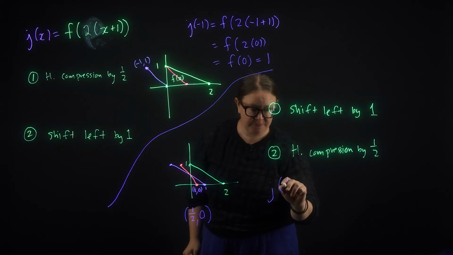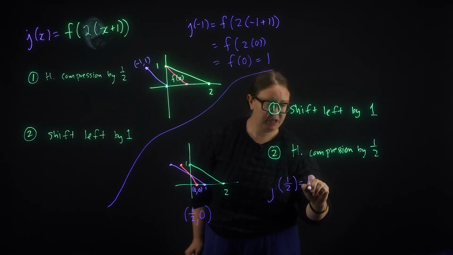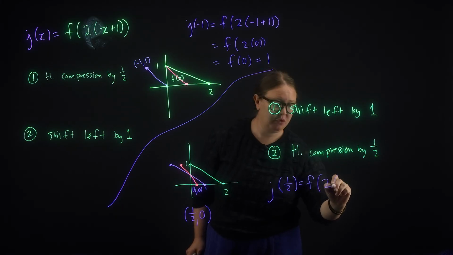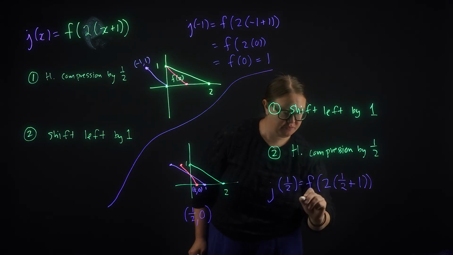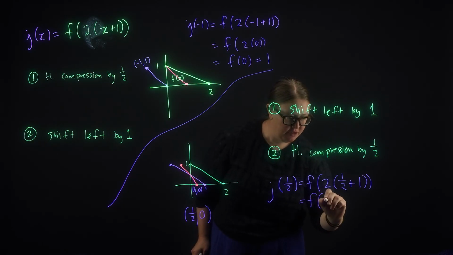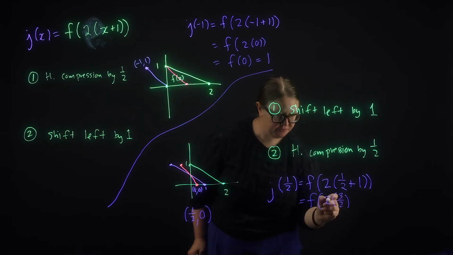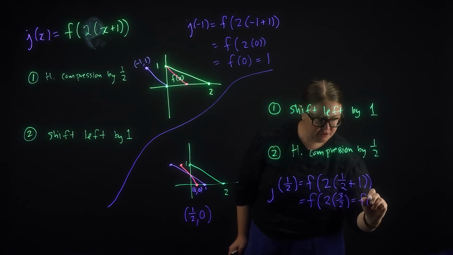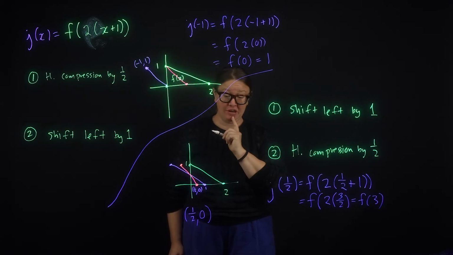So j of 1/2 equals f of 2 times 1/2 plus 1 equals f of 2 times 3/2 equals f of 3. Eee. Something is very wrong here.